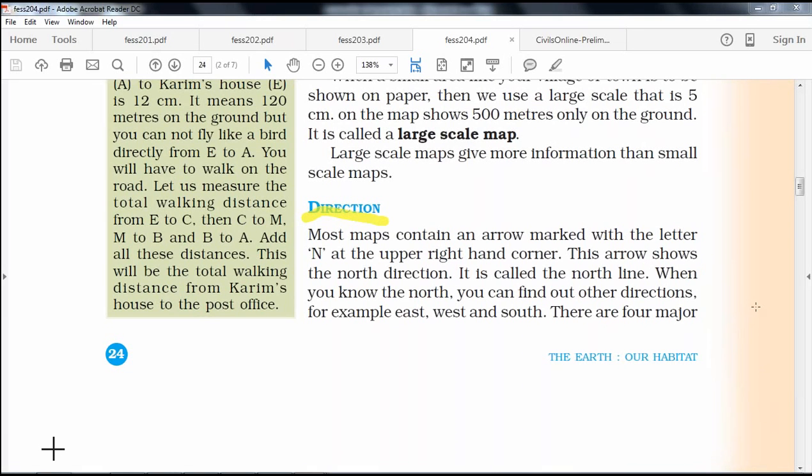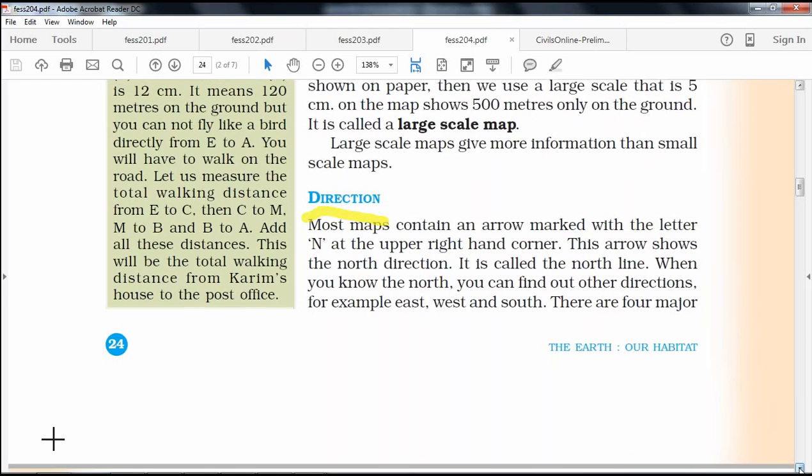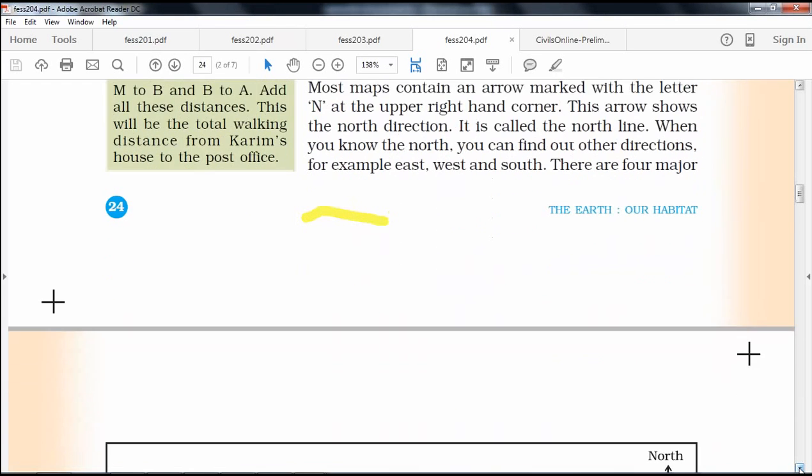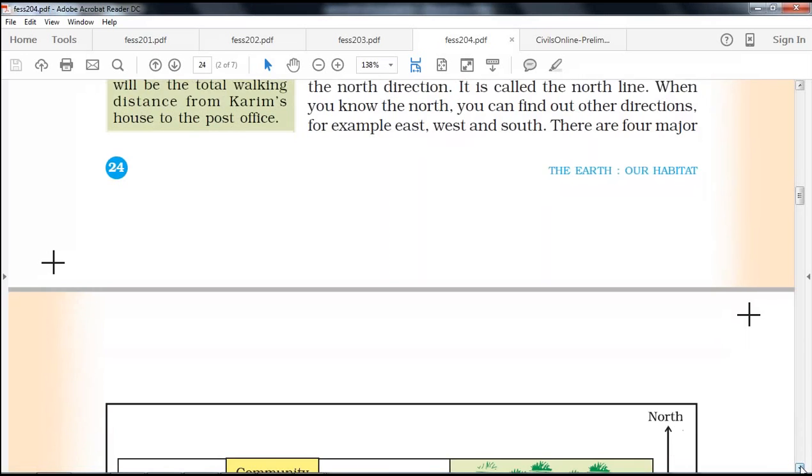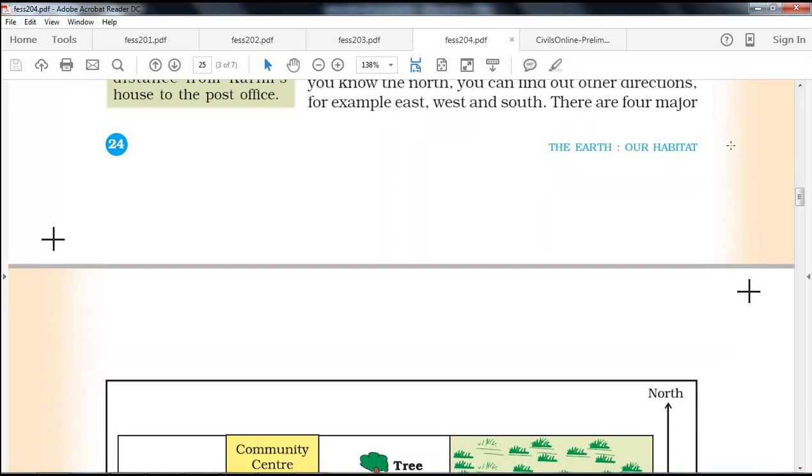So on the map there is a general notation denoting which direction the map is looking at. On the map, the north direction is given. So based on the north direction, we will be able to find other directions very easily. If we know north on any map, if you observe, there is a north symbol with an arrow mark, north will be indicated. And based on the north, we will be able to find other directions of east, west, and south.